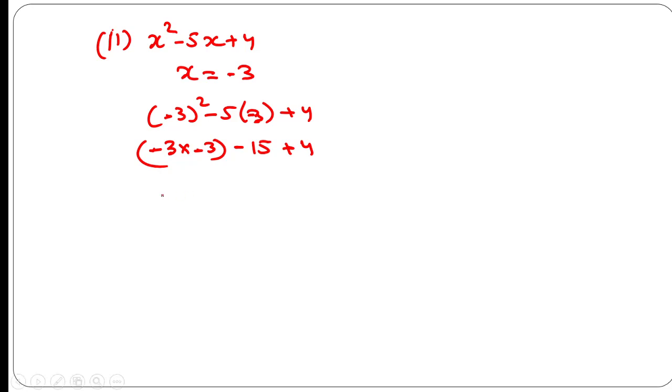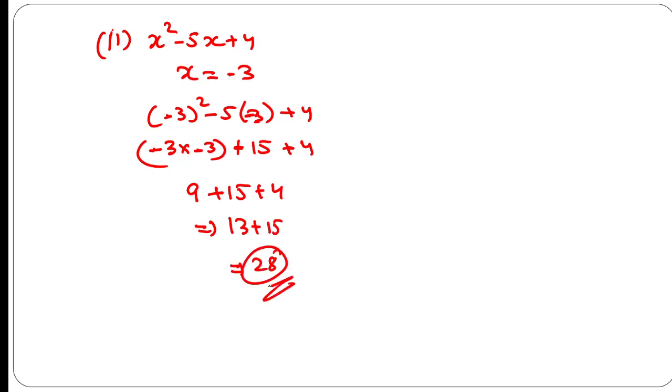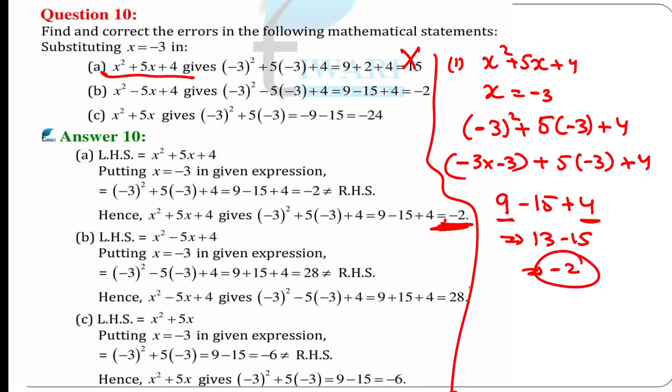So 9 plus 15 plus 4. On adding, what will we obtain? 13 plus 15, that is 28. 28 is your required answer. So this answer is 28, but here it is solved to be minus. So this is wrong.